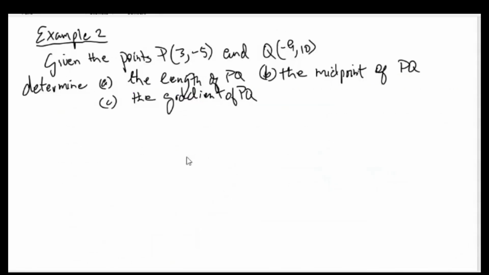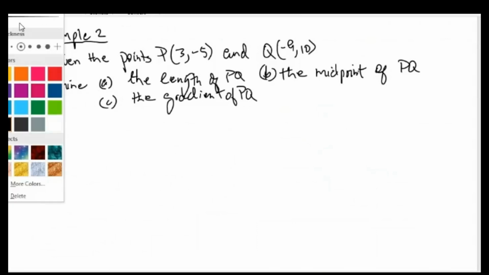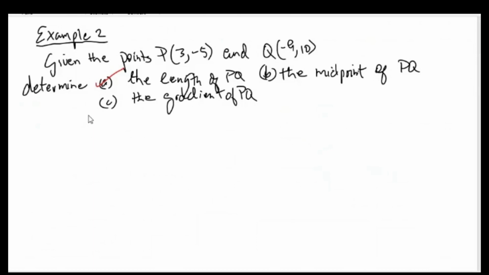All right, so we're going to start in the order in which you're seeing on the screen, with the length of PQ. What's the first thing I should do? Anybody can tell me?